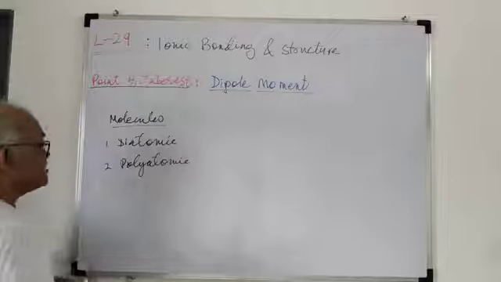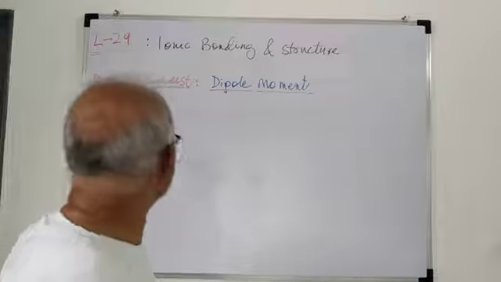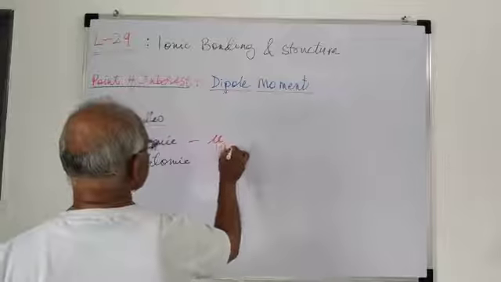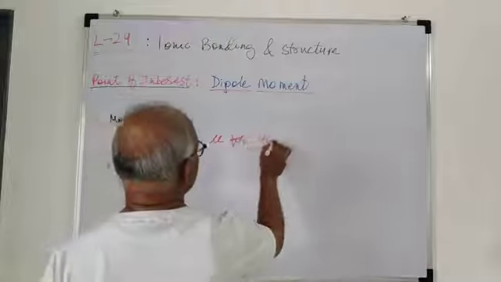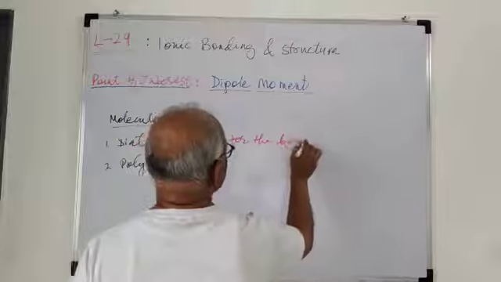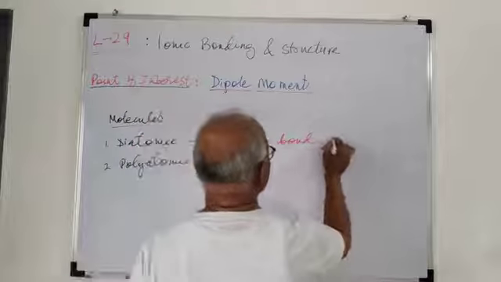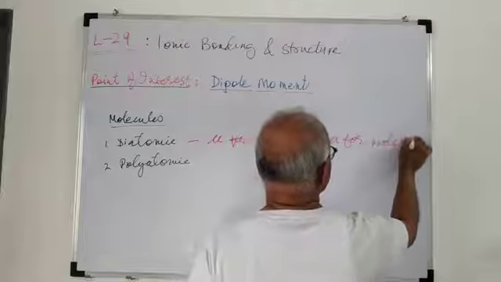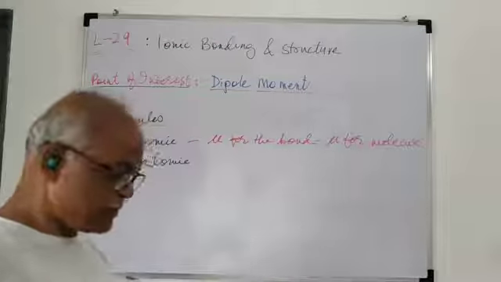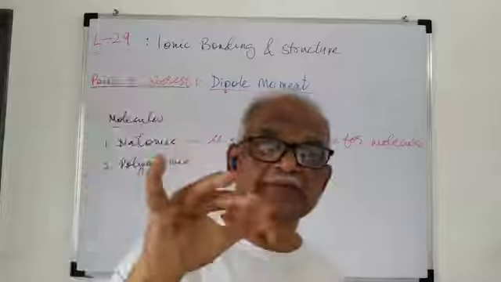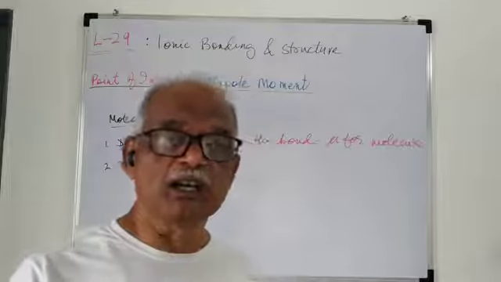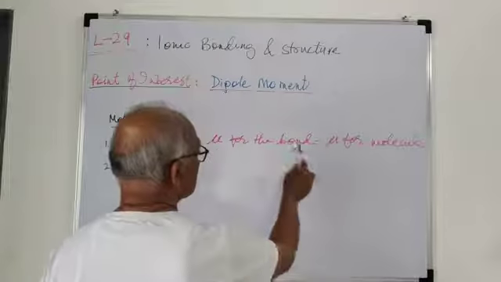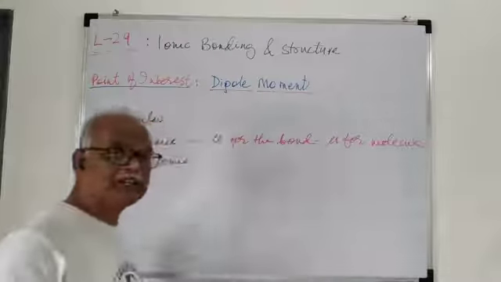In the case of a diatomic molecule, the dipole moment for the bond is equal to the dipole moment for the molecule. So the dipole moment of the bond and of the molecule is the same.